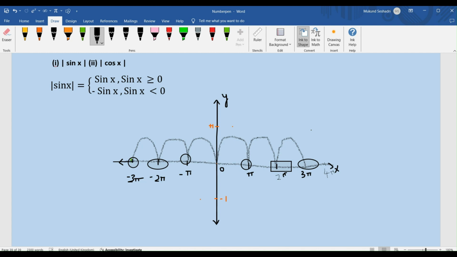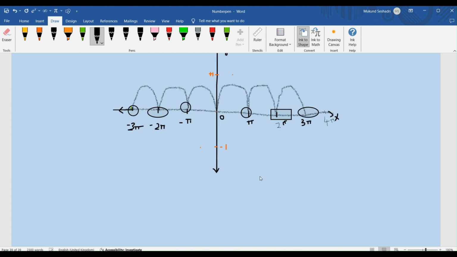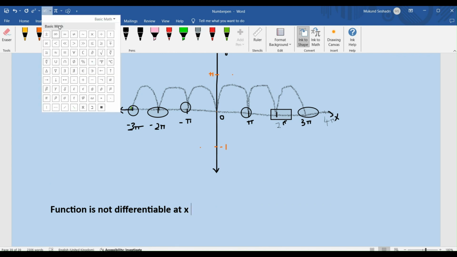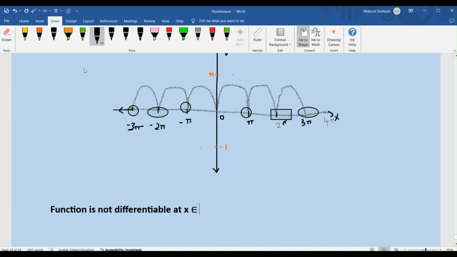We can comfortably conclude that the function is not differentiable at the points x equals n pi, right? And how do we write this? We write it like this: the function is not differentiable at x belonging to n pi, where n belongs to the positive and negative integers.